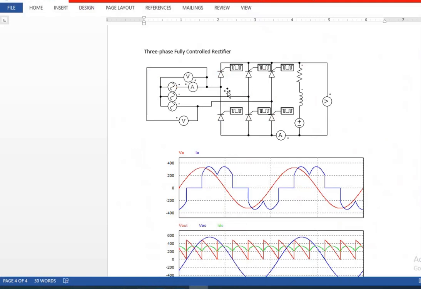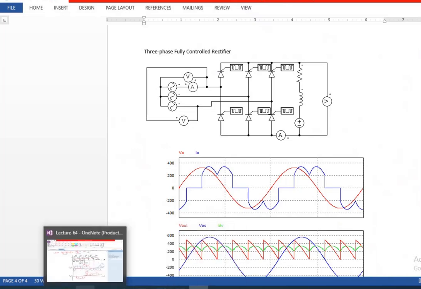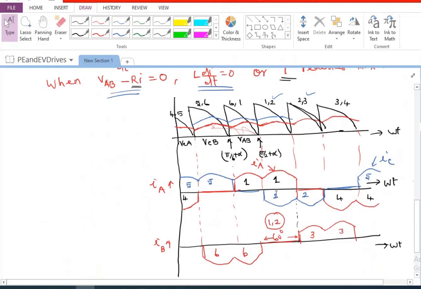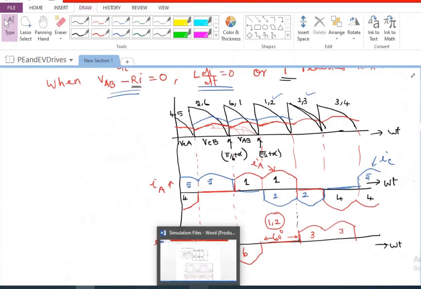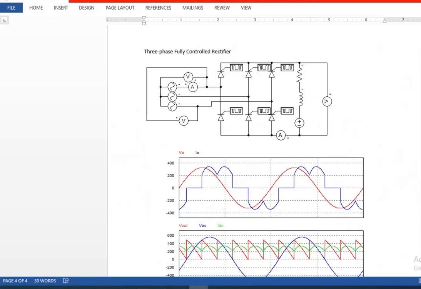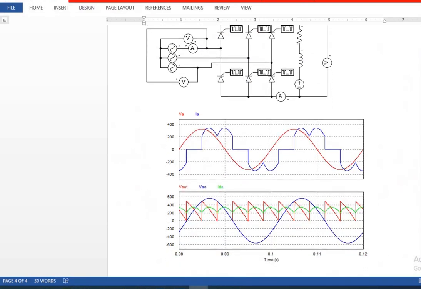So for 60-degree firing angle, I have shown clearly what is the phase voltage here and what is the phase current here. The phase voltage and phase current are what we had already drawn in terms of what I had shown here basically. So this is A phase current I had shown and A phase negative side current I had shown. So the same thing holds good here also. And here if you look at it, this green color waveform is IDC or load current.